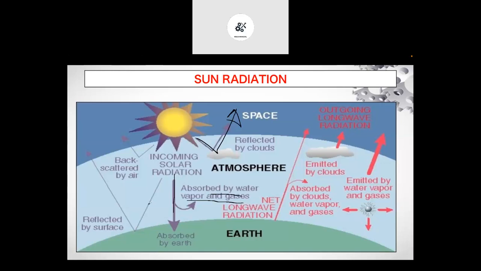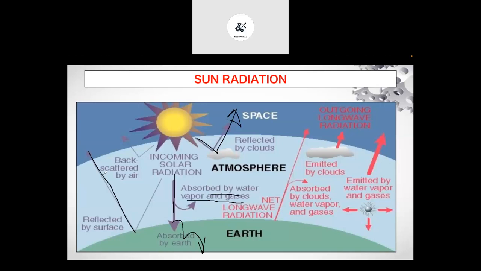Now, when that radiation hits the earth's surface, some part of it gets absorbed by the earth, and some part gets reflected back to the atmosphere.